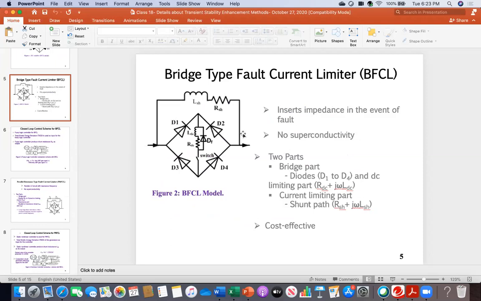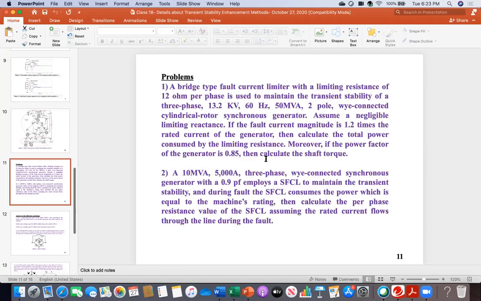Once the fault happens, that fault current magnitude becomes 1.2 times that rated current. Then calculate the total power consumed by the limiting resistance. Under that situation, what should be the total power consumption? That is the question. And also, if the power factor is 0.85, then calculate the shaft torque.